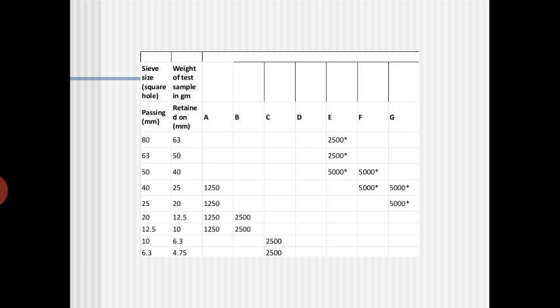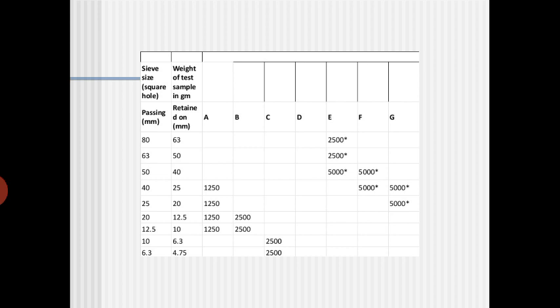Then the weight of the sample retained: you see the weight of the sample in grams retained on 63 mm, 50, 40 mm, 25 mm, 20 mm, 12.5 mm, 10, 6.3, and 4.75.